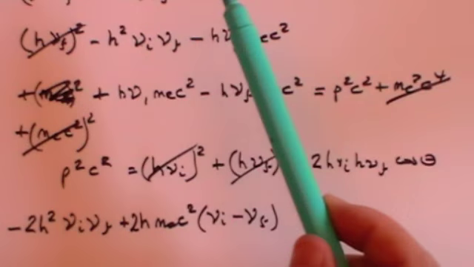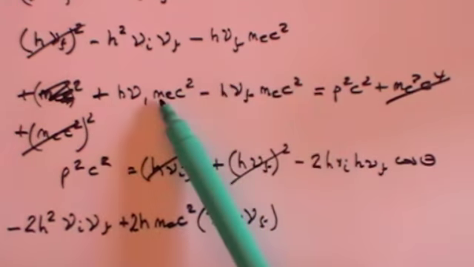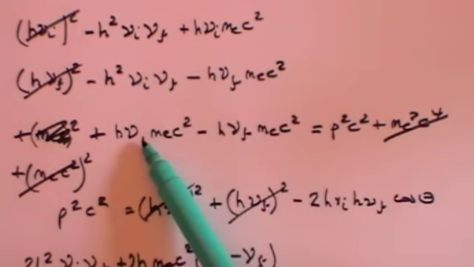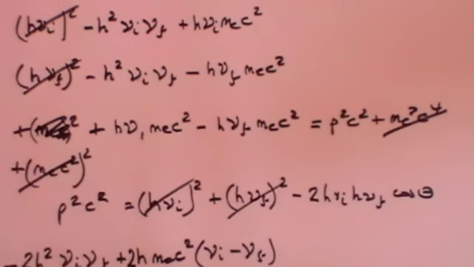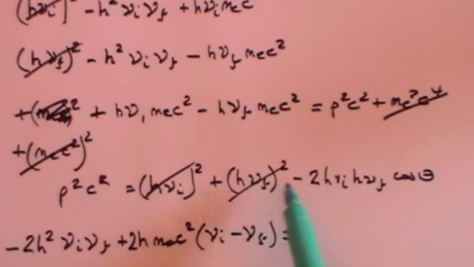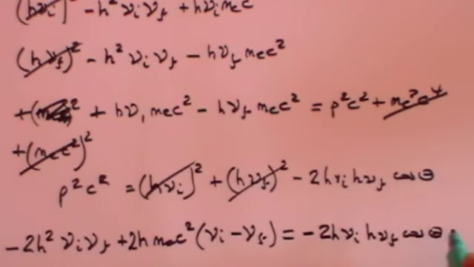That takes account of this one, this one, this one, and this one. And that deals with everything on the left-hand side, so we've now only got what will be on the right-hand side, which is all we've got left of this term: minus 2h nu I, h nu f cosine theta.